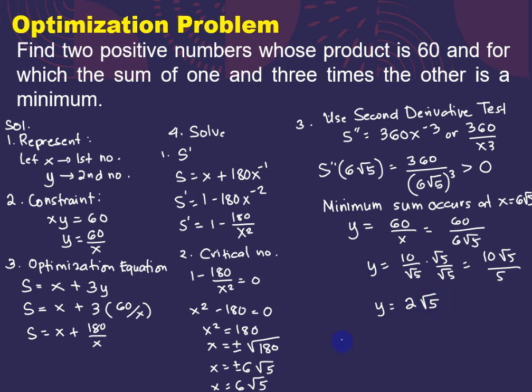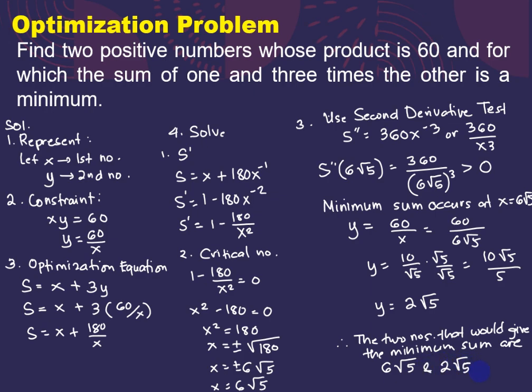Okay, so therefore, the two numbers that would give the minimum sum are 6 square root of 5 and 2 square root of 5. Okay? So that's how to solve an optimization problem.